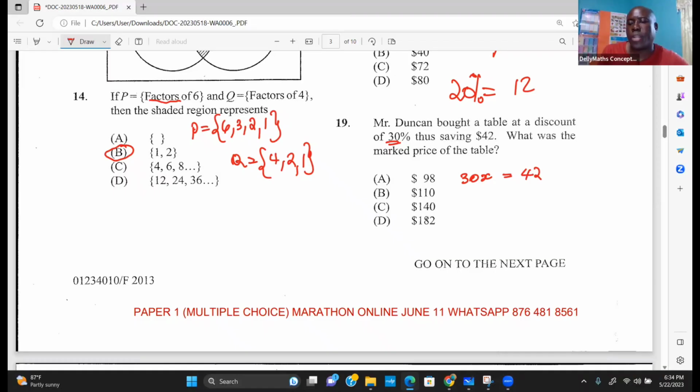Where do you want me to put the times 100? That's the 42. Now I'm asking, you said 30x equal to 42. So I set up that. Where do you want me to put the 100? I was just asking what you did in it.